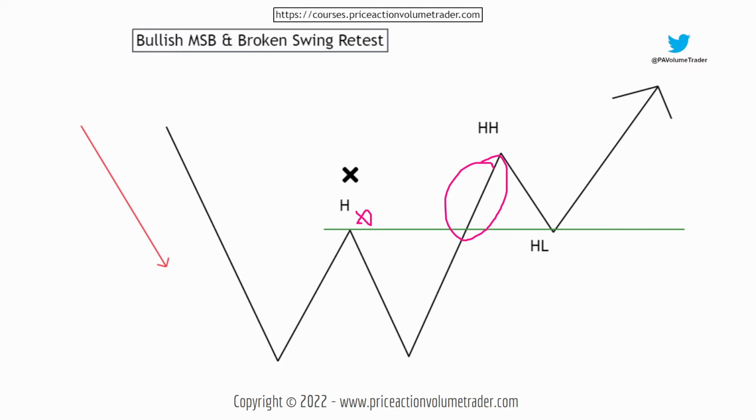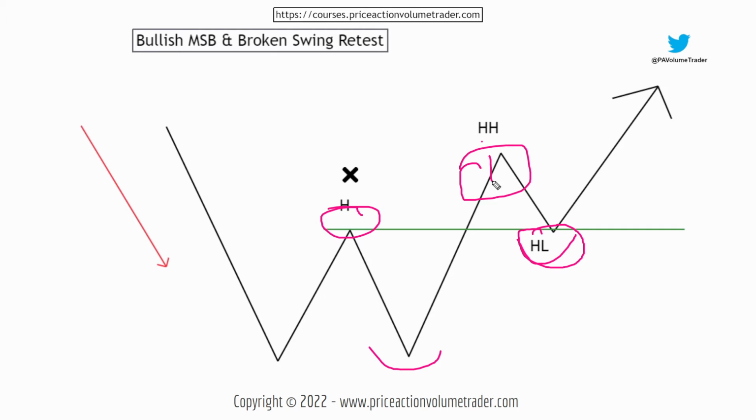Now there's people even that want a second confirmation. Some people want to see a close through a previous high, and then they want to see a confirmed higher low, and once they have those two elements, that for them is enough confirmation that this trend has now changed, and now they're starting to look to get long.